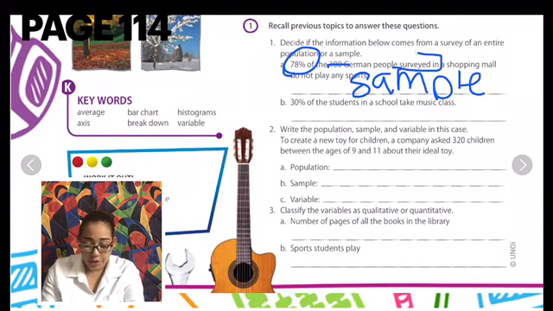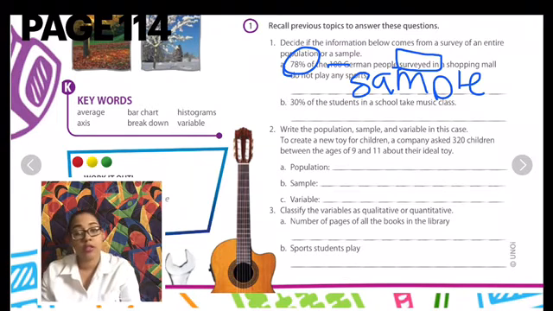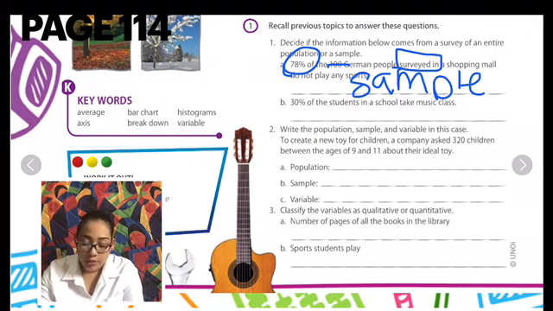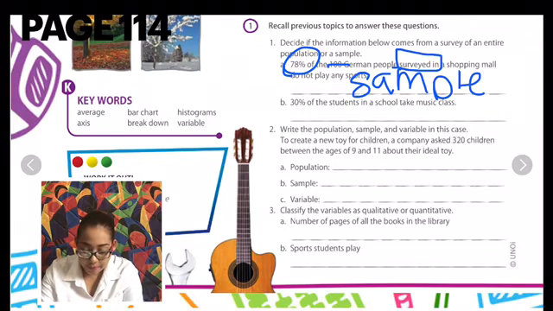Letter B, 30% of the students in a school take music class. Are they telling you 30% out of 1? No. So that means the 30% of students in that school is referring to the entire population.